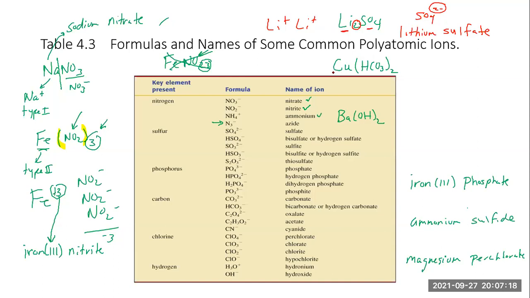Same thing here. If we look at this, this is copper. That automatically should tell us probably type 2 because it's a transition metal. It also should tell us that at this point, perhaps we're not familiar with what the charge is. We do see HCO3, and if we look down here, HCO3 really is HCO3 minus.